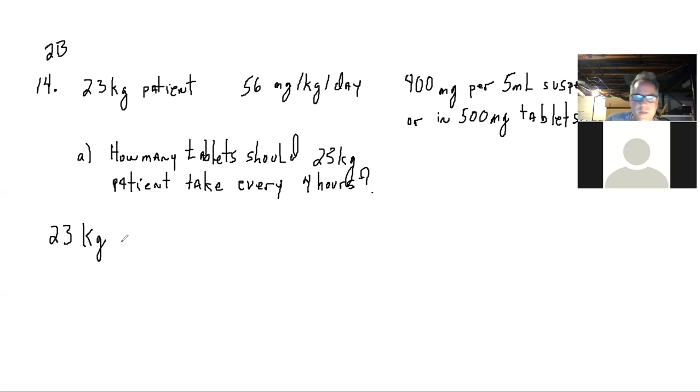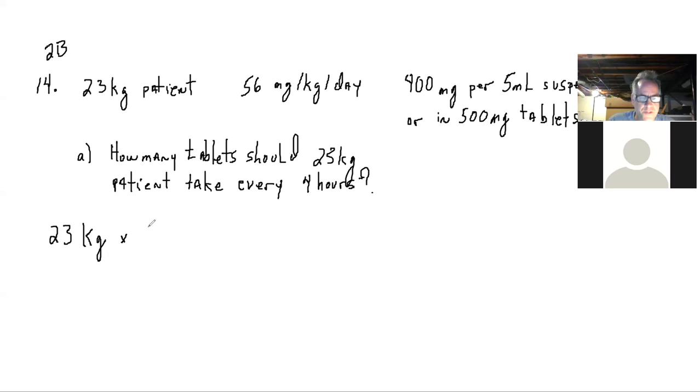All right, so 23 kilogram, that was our patient mass. Now, going back and looking, remember our dosage formula was right here, and it was 56 milligrams per kilogram per day. So put that in there.